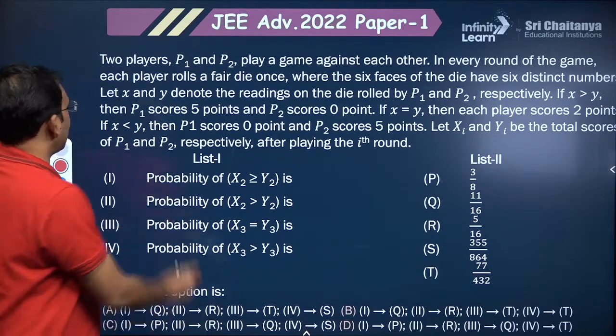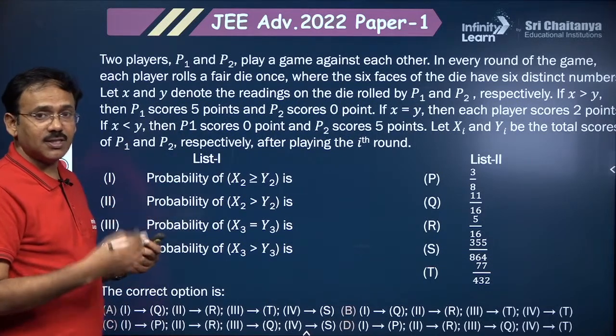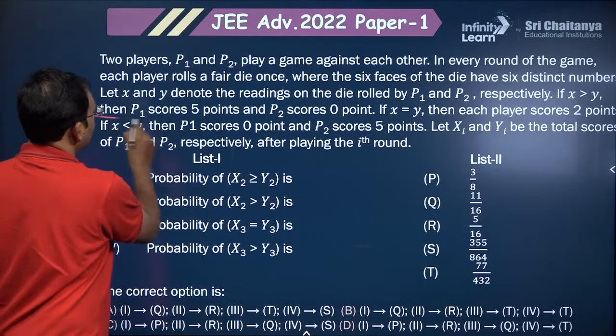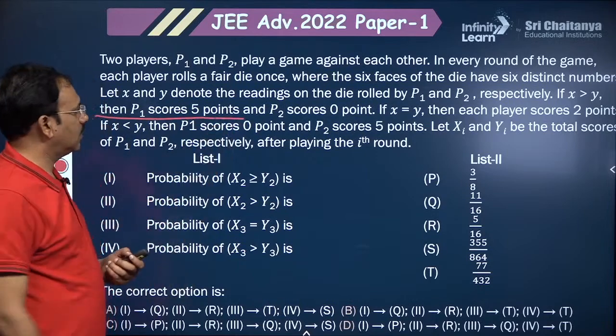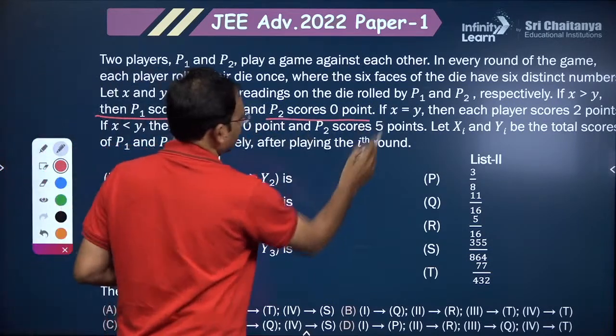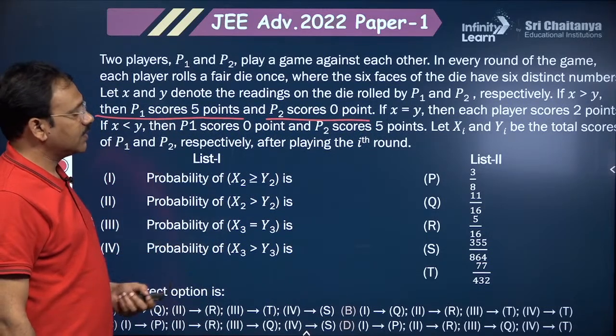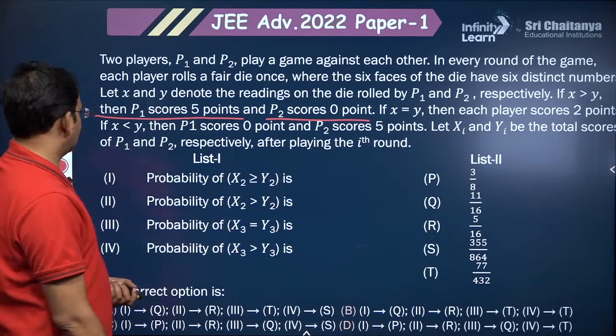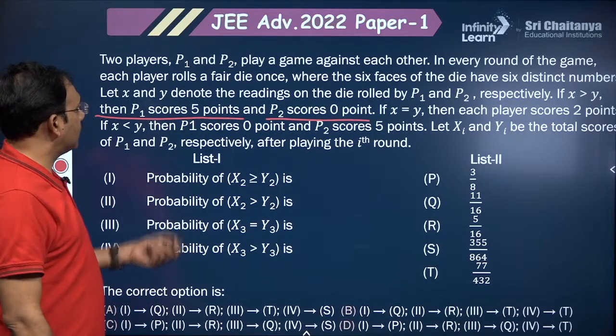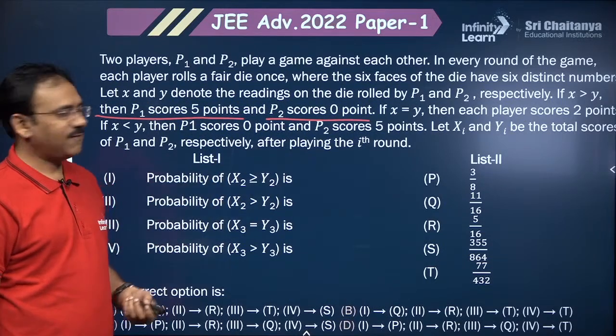If x greater than y, that means P1's number is more than y, then P1 scores 5 points and P2 scores 0, fine. Whereas, if x is equal to y, then each player will get 2 marks, and if x less than y, P1 scores 0, P2 scores 5.